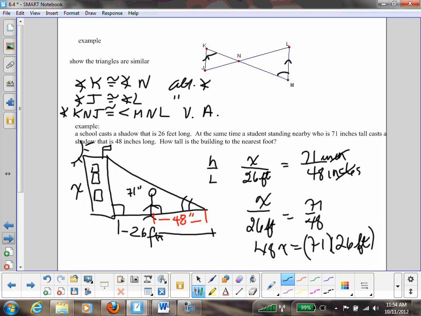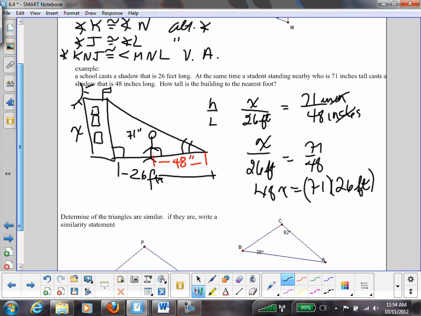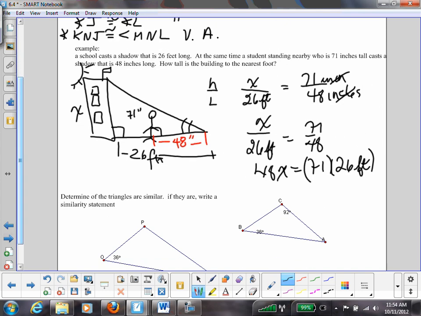The only unit that we're carrying with us in this problem is feet. Would you agree? And so we would say then that x is equal to what? 71 times 26, 1846, divided by 48 gives me what?